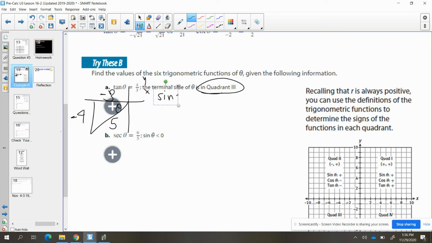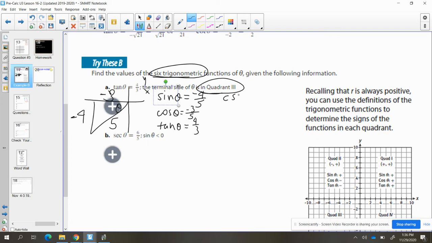So if we're looking for sine, cosine, and tangent of these, well, first of all, tangent they gave us was 4 over 3. Sine then is opposite over hypotenuse, or y over r. Cosine is x over r, or adjacent over hypotenuse, which means then the reciprocal functions, all 6 trig functions are what we're looking for here.